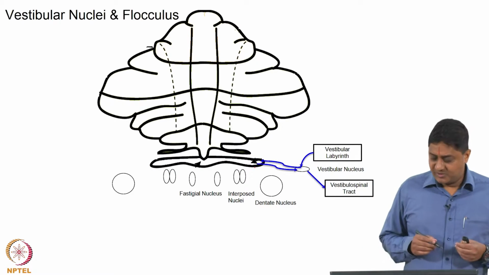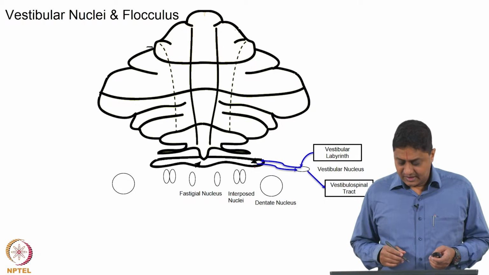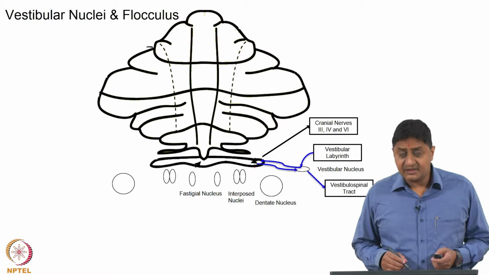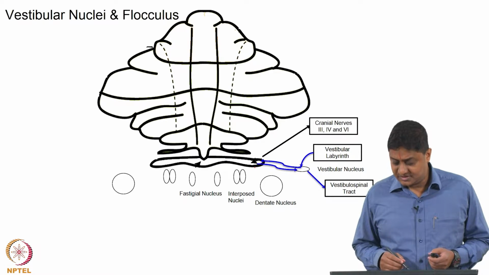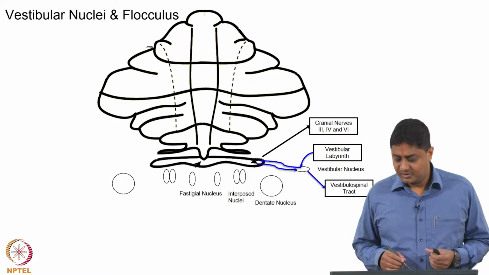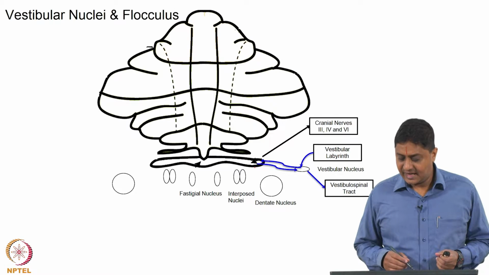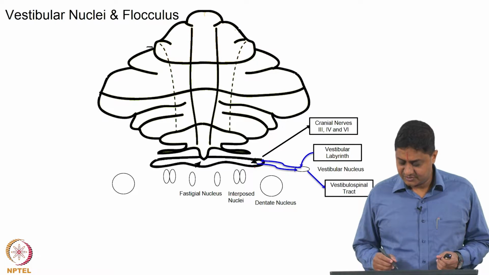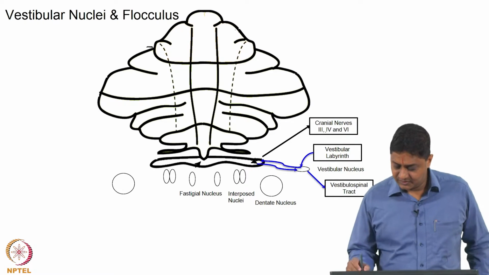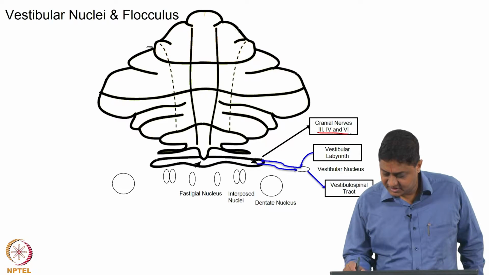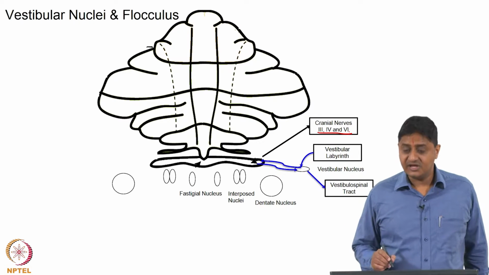So, it is responsible for posture and balance in some sense, right. What also must have been discussed but was left out is that the vestibulocerebellum also projects to the cranial nerves via the vestibular nuclei. So, what are these cranial nerves? These cranial nerves are 3, 4 and 6.